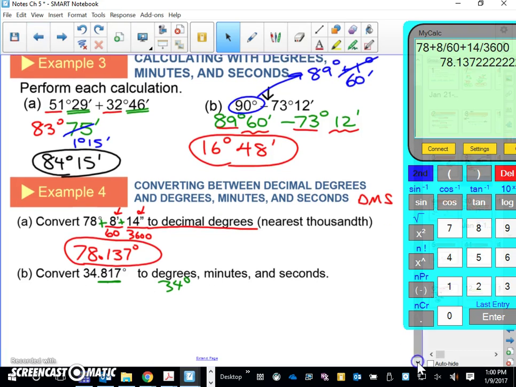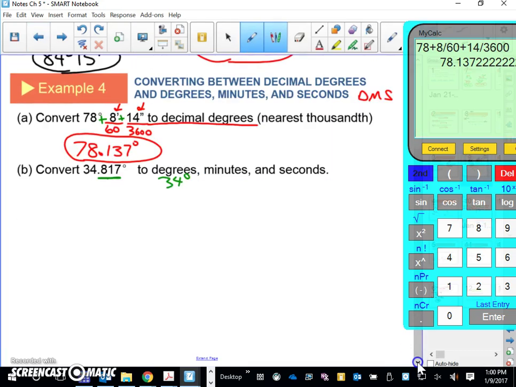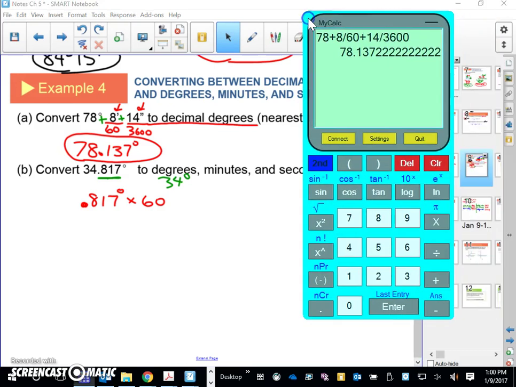So we're going to take that decimal part, that 0.817 degrees, and multiply by 60. 0.817 times 60 is 49.02. And that's minutes. So at this point, I have my minutes. That's 49 minutes. But I don't have seconds.